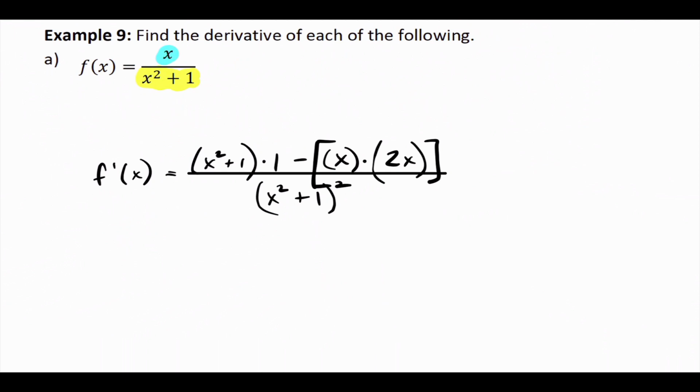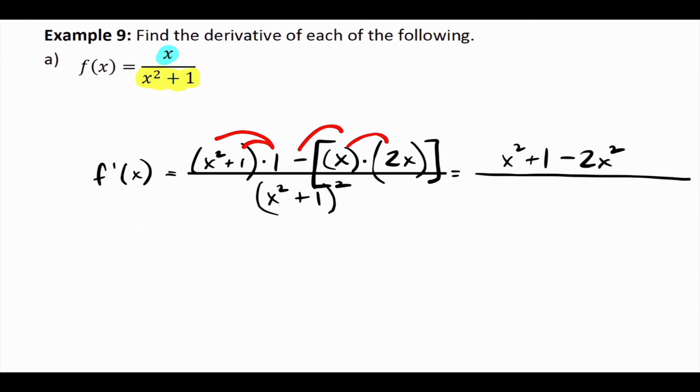So now we have to do a little bit of algebra, distributive property, combine like terms, that type of thing. Okay? So I'm going to distribute the 1, which is not going to change anything. I'm going to multiply those and then distribute the negative. So I get x squared plus 1 minus 2x squared.